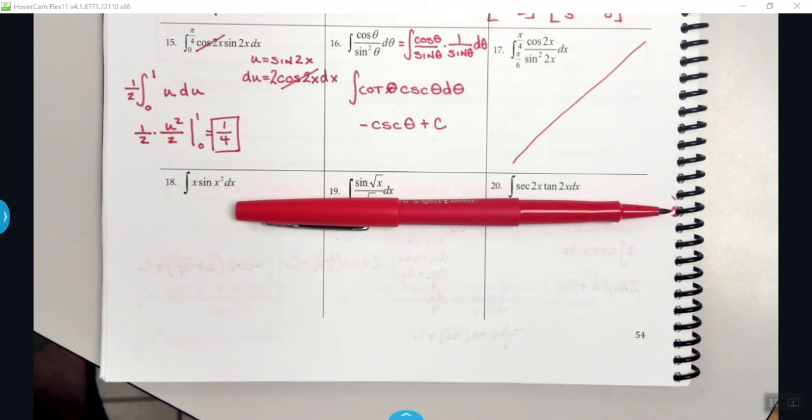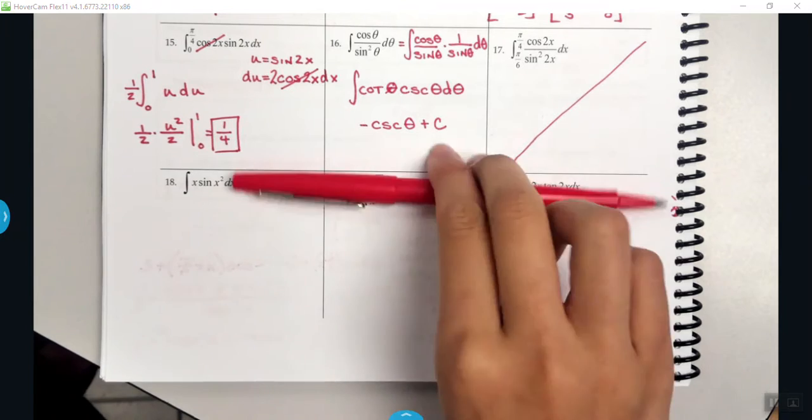And then I can replace this and go integral of 1 over u squared d theta, which is just du. Integrate 1 over u squared and you get negative u to the negative 1, plus c. And u was sine, so it's negative sine x to the negative 1 plus c, which is negative cosecant. But you get the same answer. So you can do that one that way.